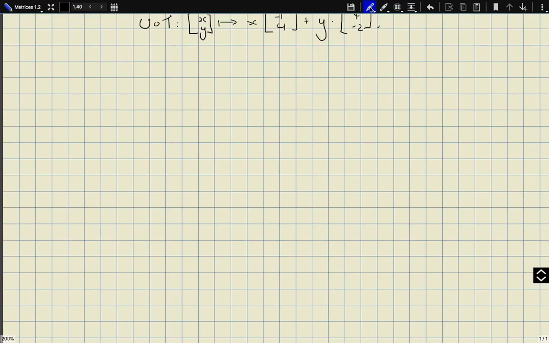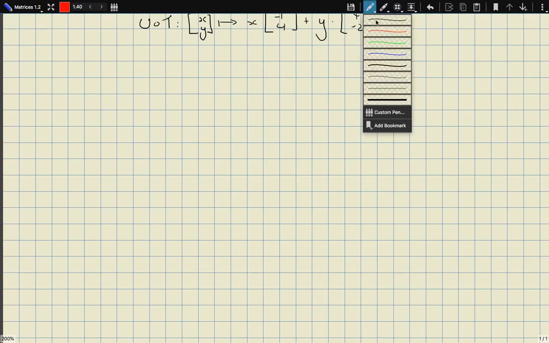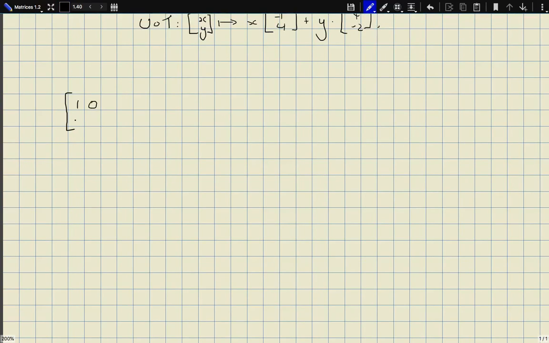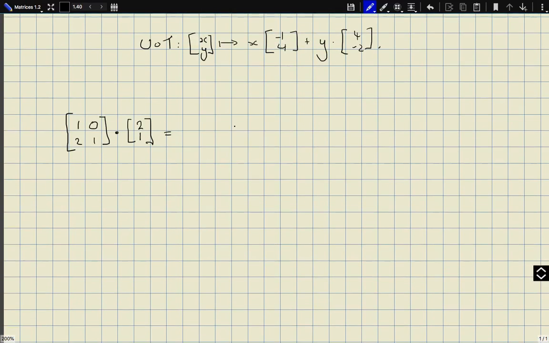Okay, so let's just go through some more matrix multiplications together, just so we can get the hang of it. So let's try, say, 1, 0, 2, 1 times 2, 1. How about this? Okay, so here we have this here, which could be viewed as a transformation from 1 dimension to 2 dimensions, if you like, or simply as a point in 2 dimensions, and we have this matrix here.